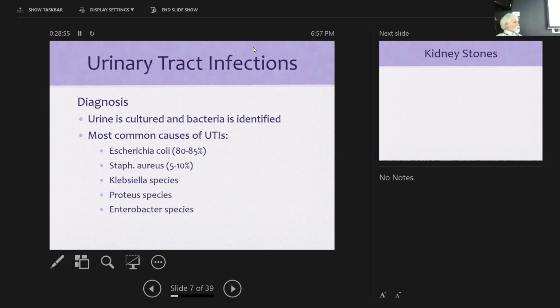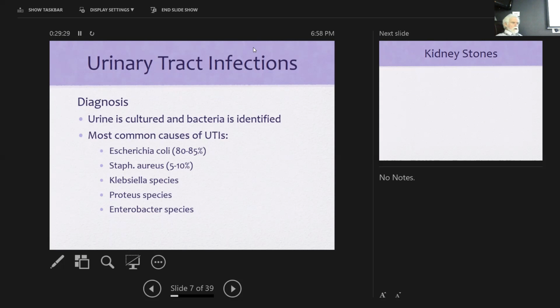How do we diagnose these things? Theoretically, we should culture any infection. We don't. We will make guesses as to what's causing the UTI. Most of the UTIs are E. coli because these things get transferred during the process of cleaning up after a bowel movement. These things can get transferred into the urinary tract at that time. Staph aureus, simply because we all carry Staph aureus on our skin, always.